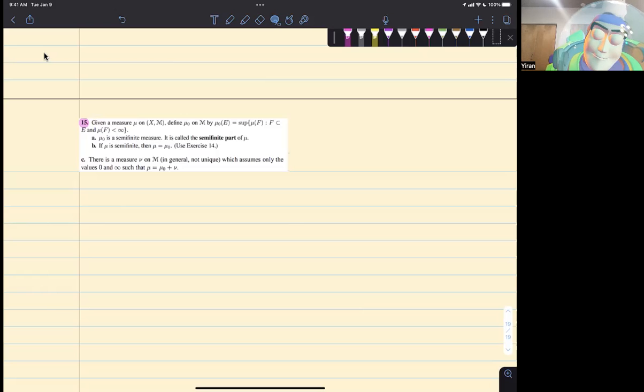So we just need to show that. And notice that mu f is equal to mu of the union of fj, because that is how we define fj, right?